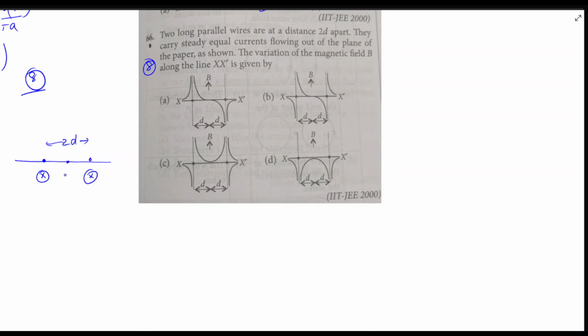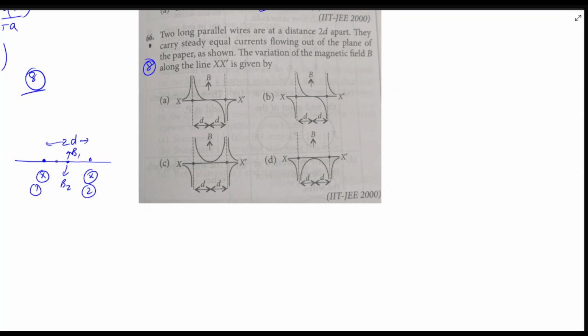In the center, magnetic field due to this wire will be in the downward direction, right? And due to this wire it will be in upward direction. Sorry. So let's say this is 1, this is 2. So B1 is here, B2 is here. Right? So at center it will be 0. So all options say yes.